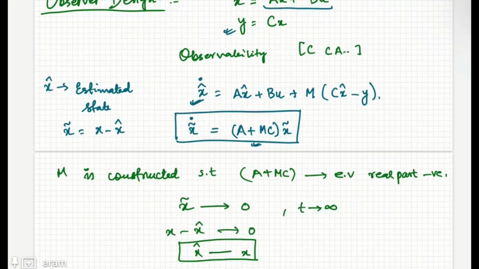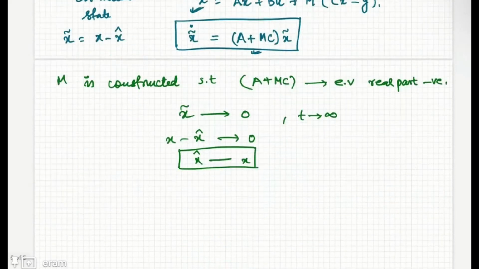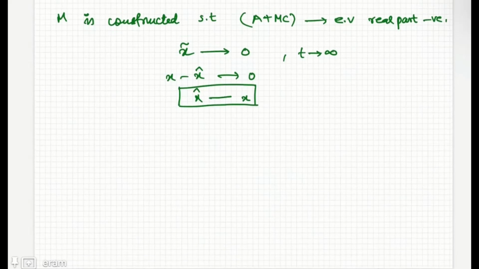Now sometimes for the controller design and observer design, it is possible that some states are not observable and some states are not controllable, and that we can analyze through our controllability and observability matrices by converting them into Jordan form.